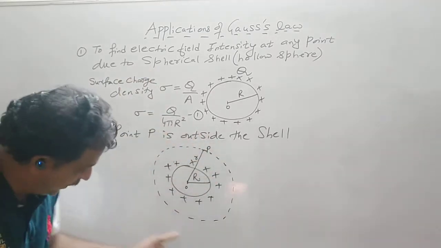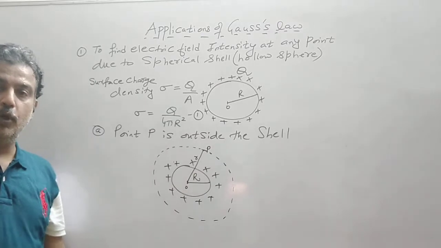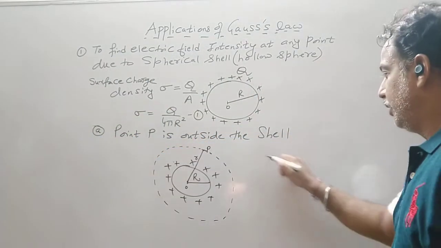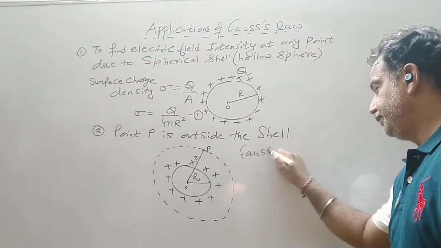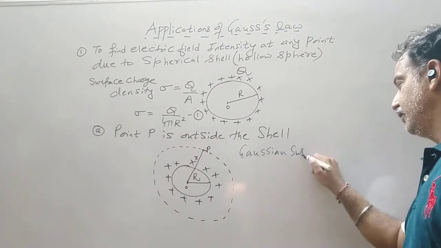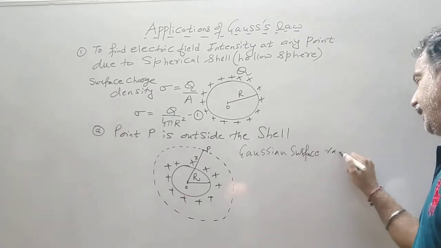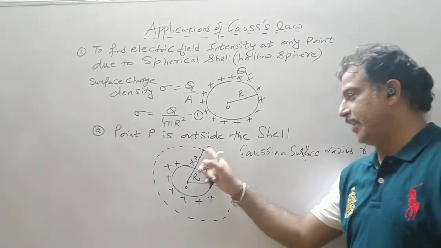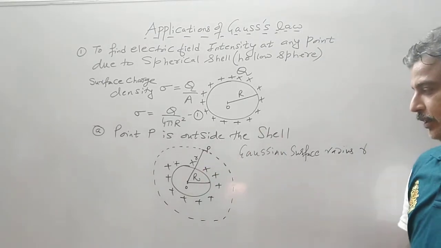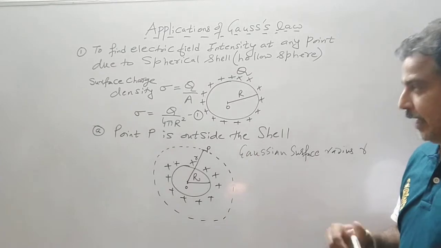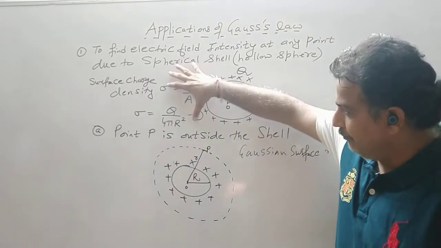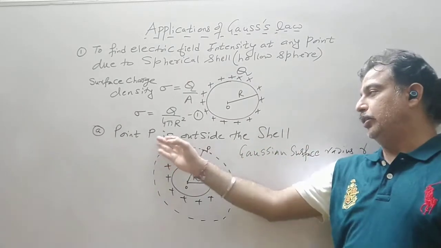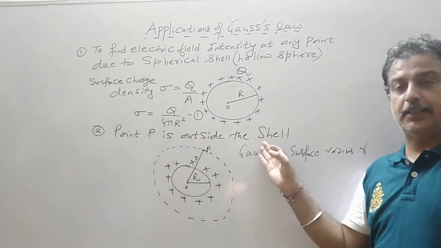This dotted line is an imaginary Gaussian surface whose radius is small r, and point P is lying on the surface. So this is the first step. First we have defined the density. Now we have to find out the electric field intensity outside the shell.